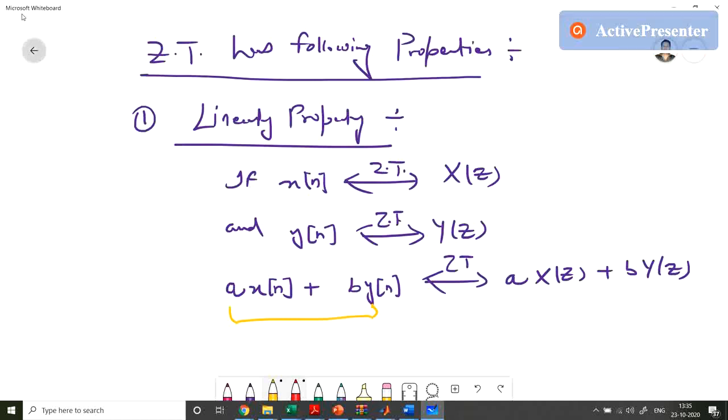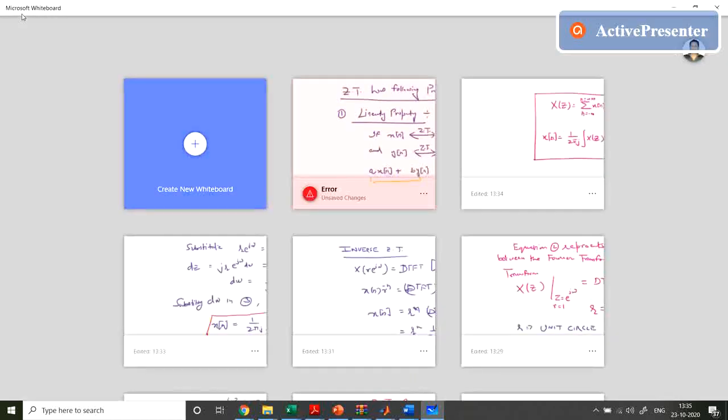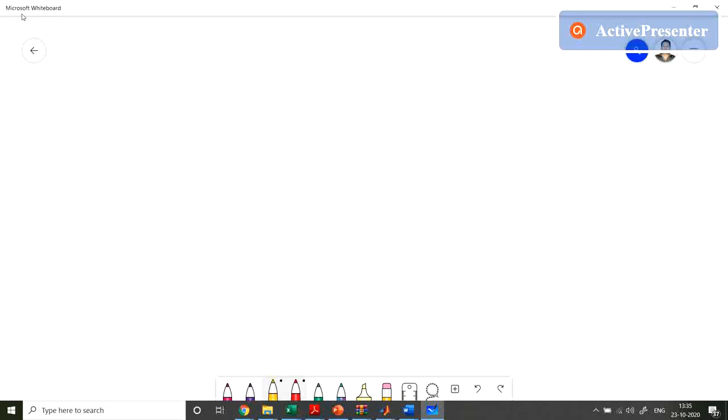This is simply the linearity property we have discussed in case of continuous time signals also.